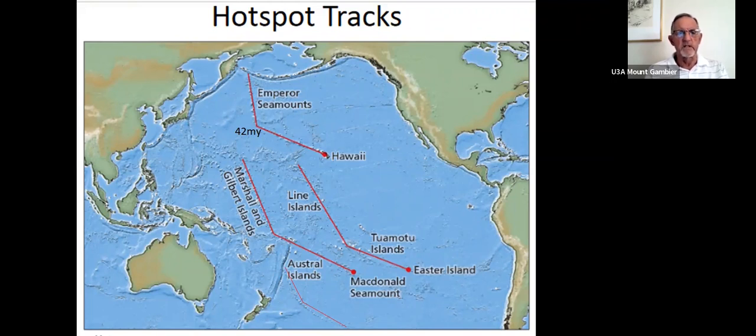It had previously been travelling just a bit west of north, but today it's travelling just a little bit north of west. And that's a very consistent factor across the oceans. Each ocean has its own study of these hotspot tracks.